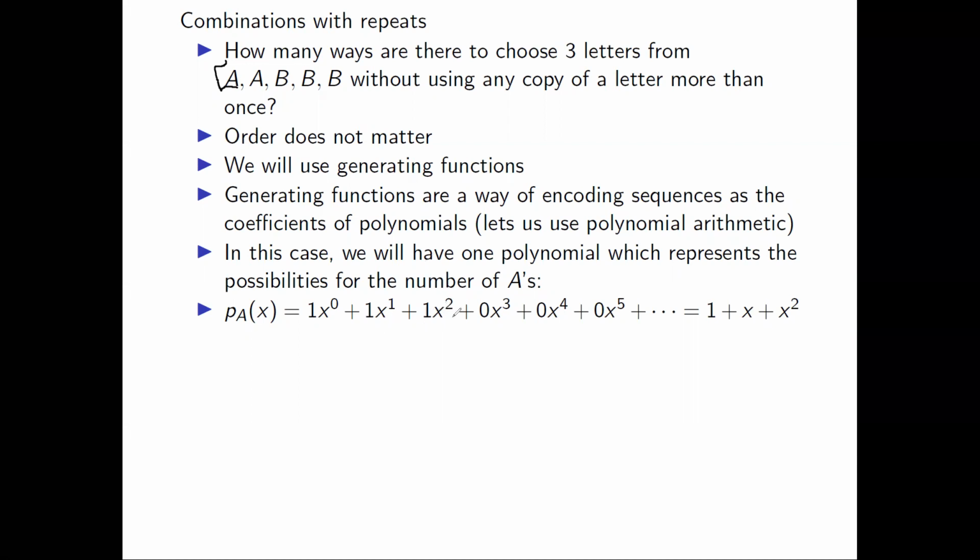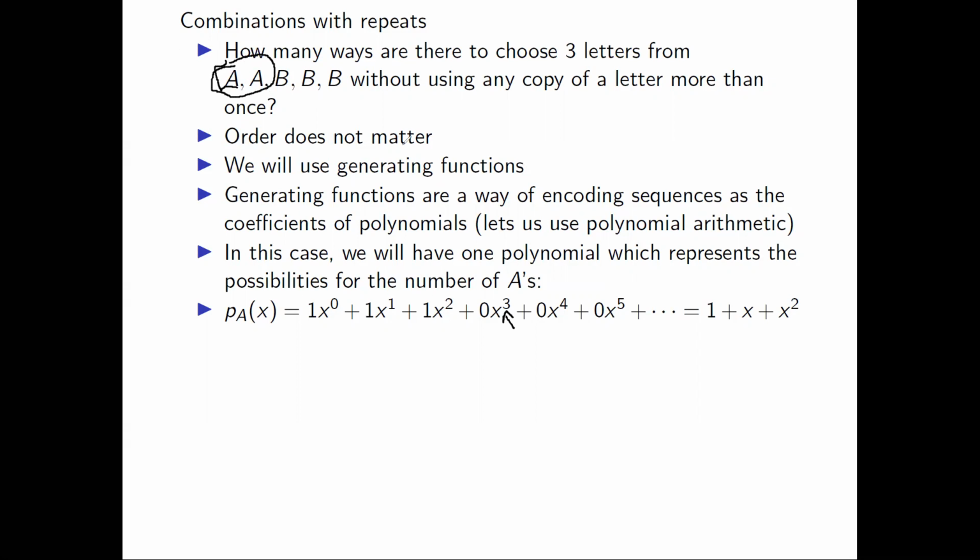Now, the coefficient of x to the 2 here, how many ways to have 2 A's? Well, we have 2 A's there. So the only way to have 2 A's is just having the 2 A's. So the coefficient's 1 here. But now something different happens for the x to the 3rd. How many ways to have 3 A's? Well, we only have 2 A's right here. It's impossible to have 3 A's.